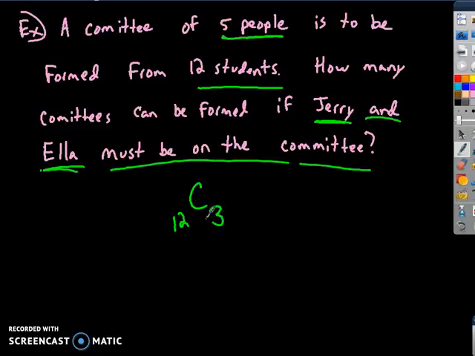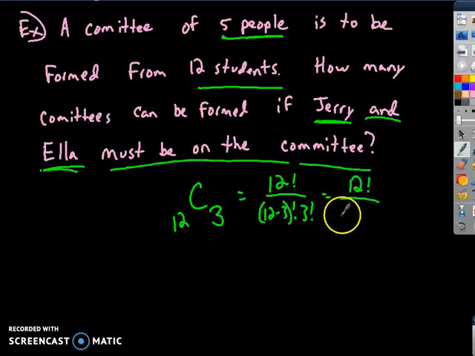So it's really a combination of 12 choose 3. So it should be 12 factorial over 12 subtract 3 factorial times 3 factorial. 12 factorial over 9 factorial times 3 factorial. And that is equal to 220 committees.